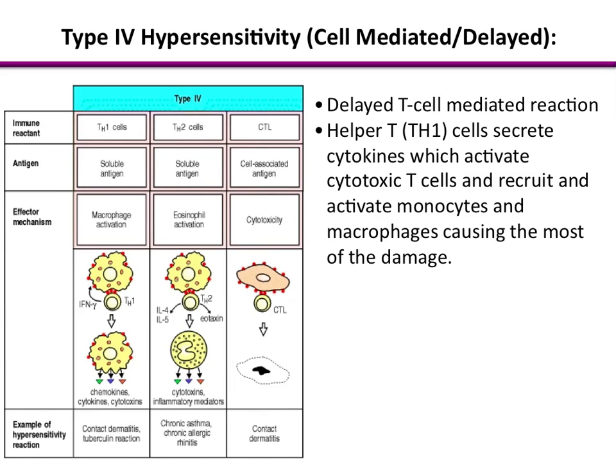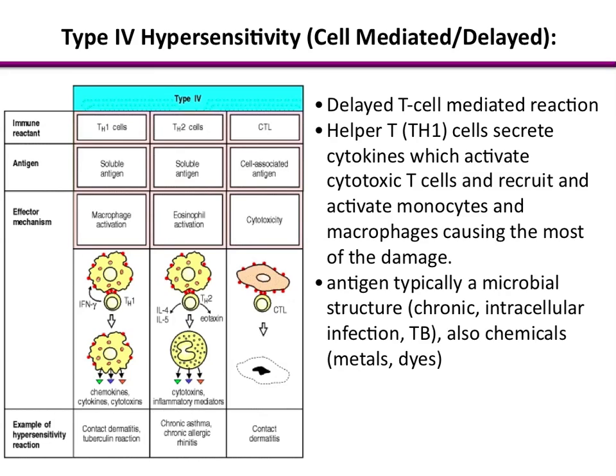So it's really to do with the cytotoxic T cells. Antigen is typically a microbial structure, but typically a chronic microbial one. So it's been described for TB, but can happen also in periodontitis.